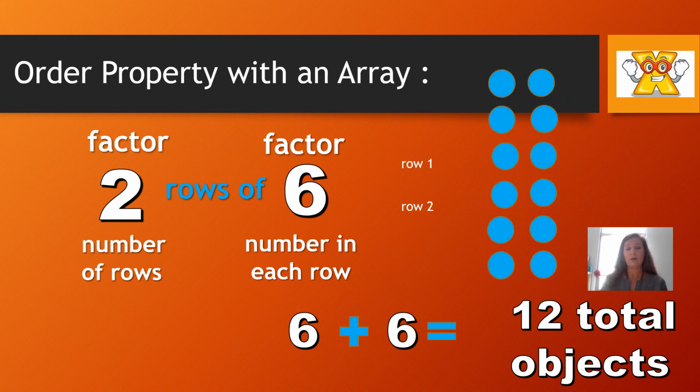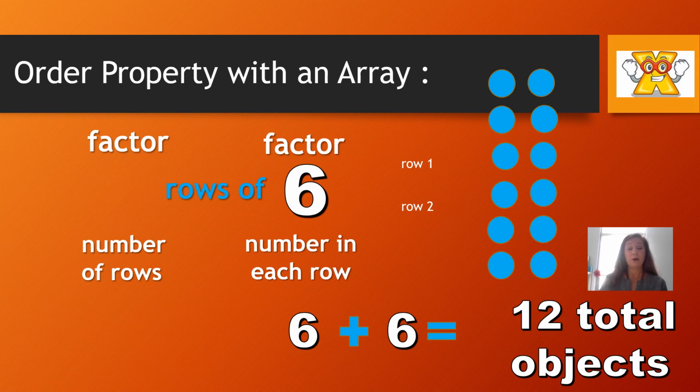But now, if we take a look at how we would rotate that, now we don't have 2 rows of 6. Now we have 6 rows of 2. So all we've done is rotated that array from side to side to top to bottom.